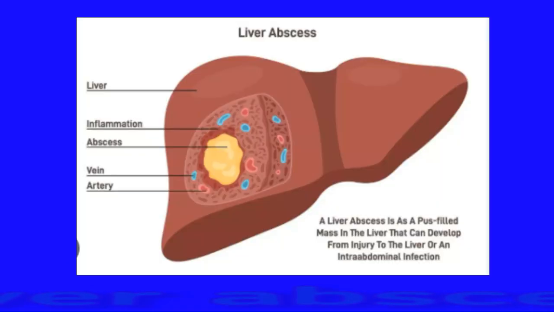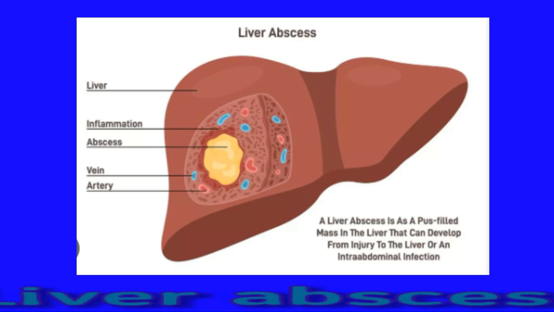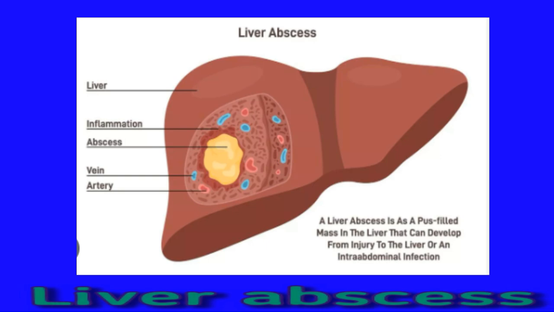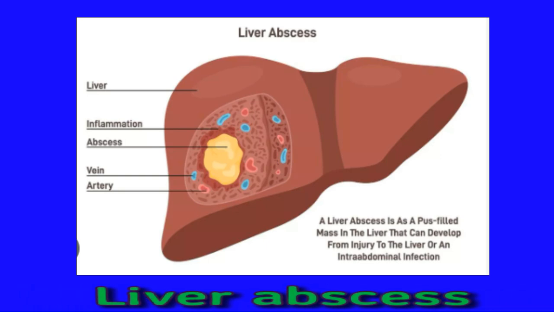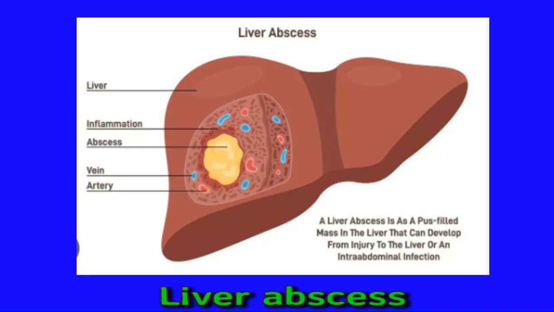Liver abscess. A liver abscess is a pocket of infected fluid or pus that forms in the liver. An injury or infection from certain germs such as bacteria, parasites, or fungi can cause it. An abscess can damage nearby tissue and can lead to bleeding, additional infections, and even death.